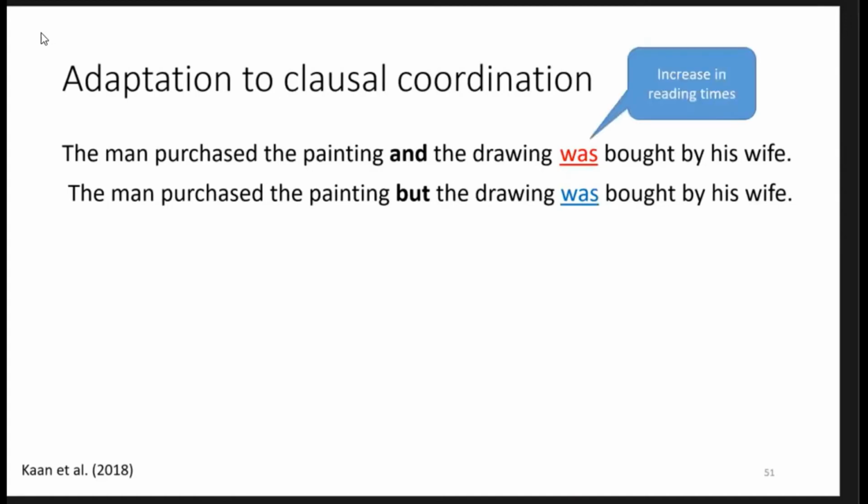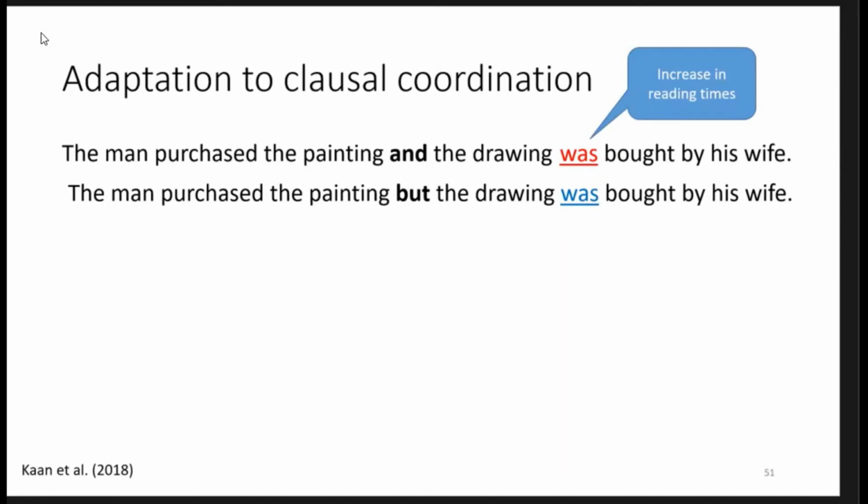I expected an increase in reading times in the garden path condition, and that could be a sign of error. You could argue whether this is a prediction error or integration error, but anyway, I was interested in eliciting that error, replicating what other people found. My second question was, if we indeed find a garden path effect, does that change over the course of the study? The more times people have seen this ambiguity resolve towards the causal coordination, does the garden path effect decrease?